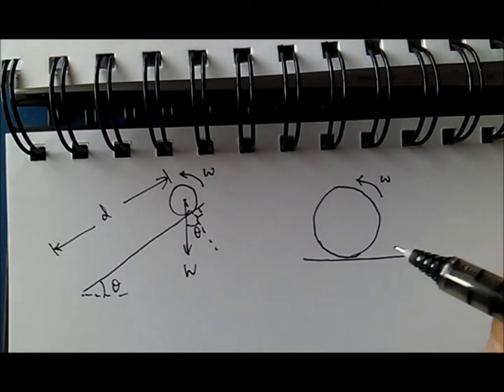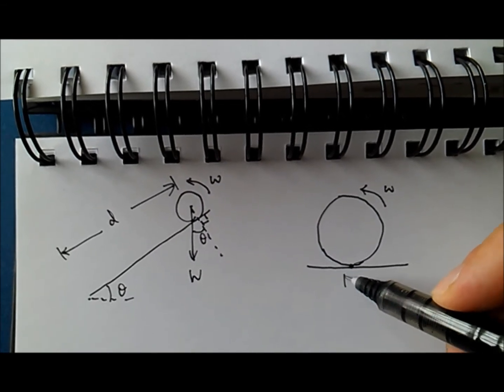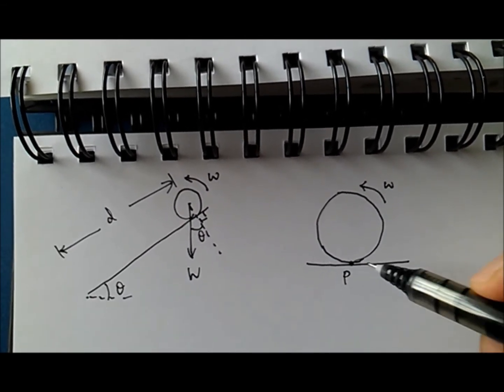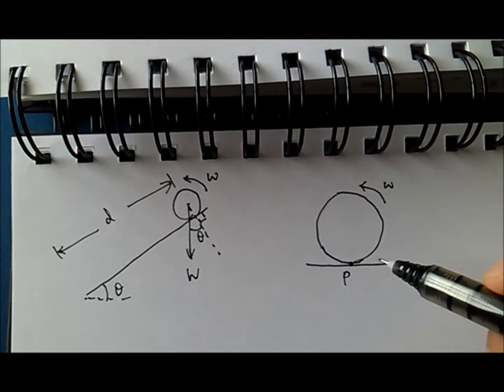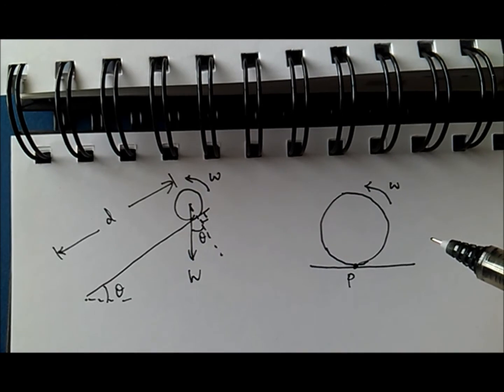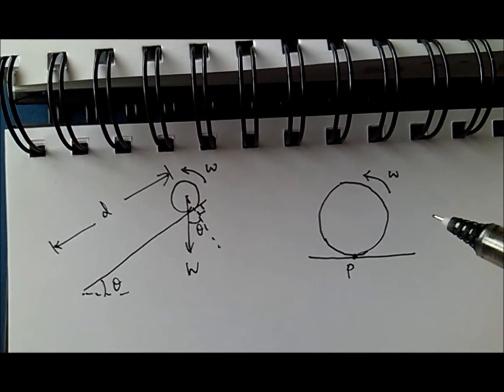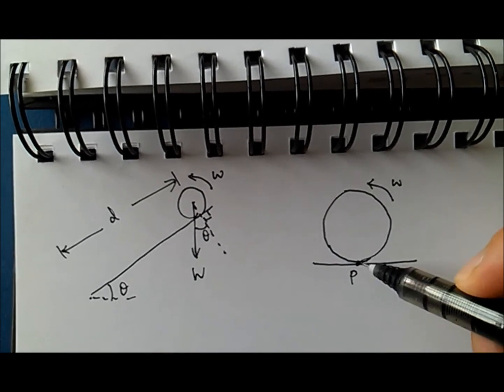If you think about it, this point P, the point of contact between the ball and the ground, is actually the pivot for the motion, right? So the whole ball at this instant in time is actually rotating about point P.